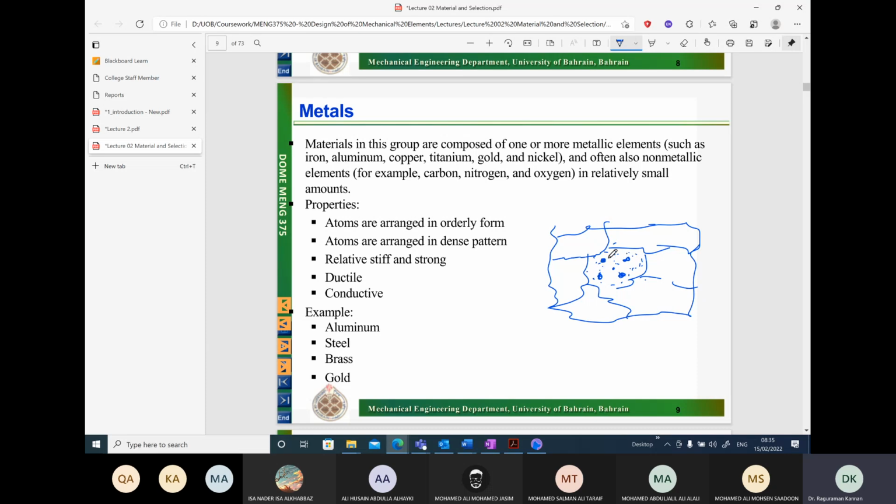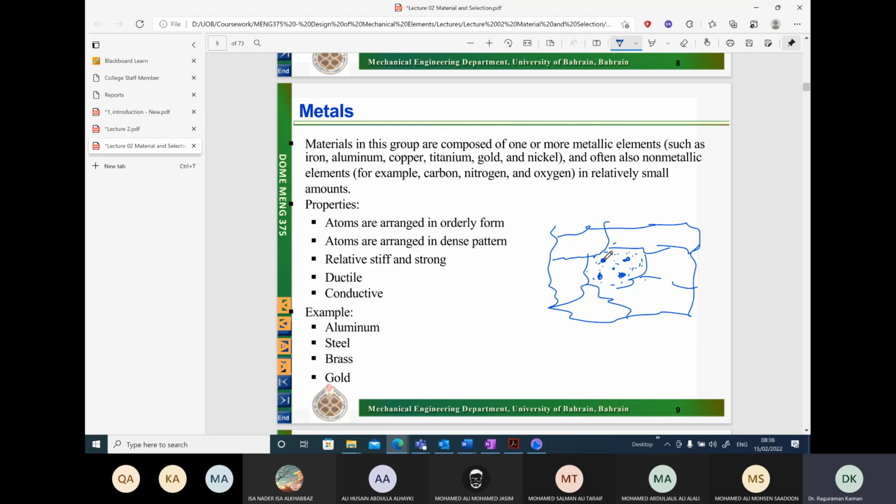The atoms are able to vibrate from their nuclear position. They can vibrate around depending upon the temperature. Since they can vibrate around, it is a very good thermal conductor.